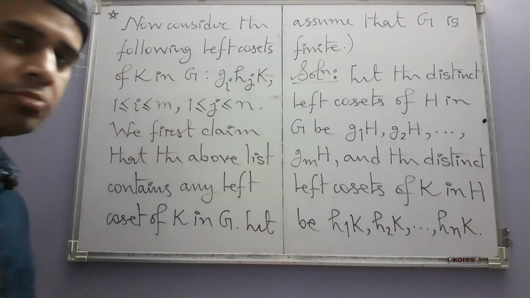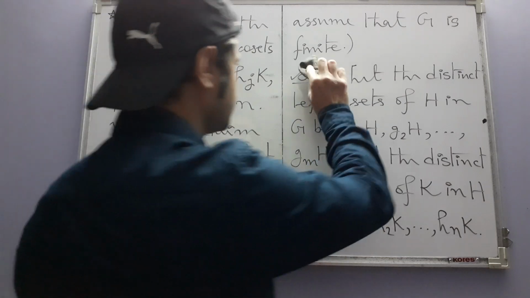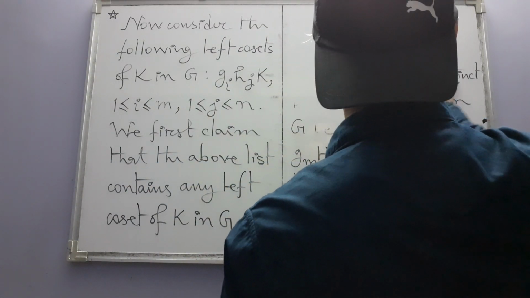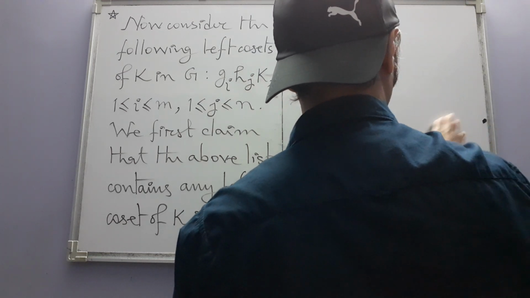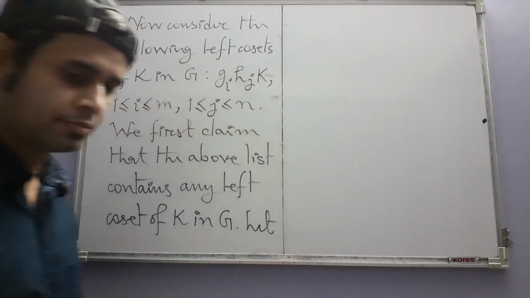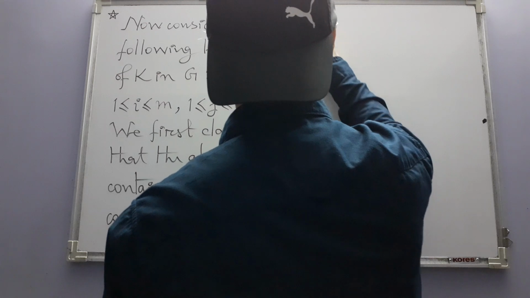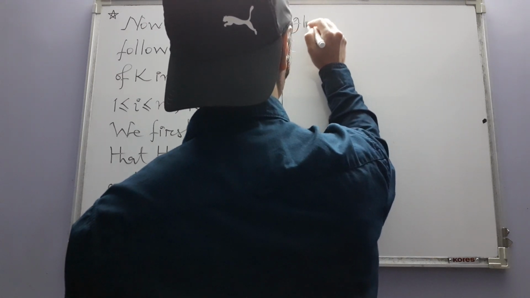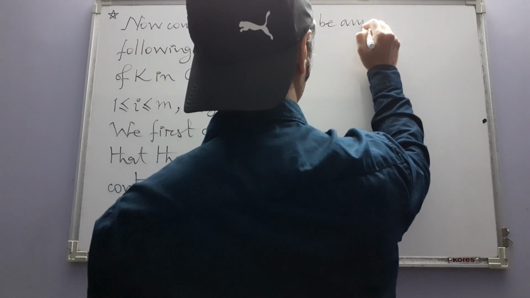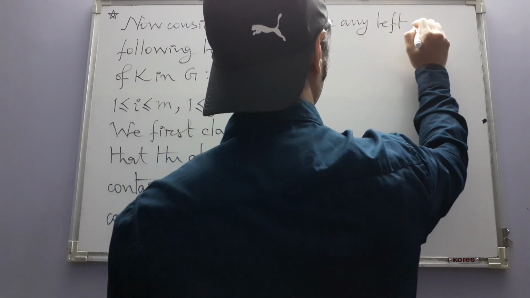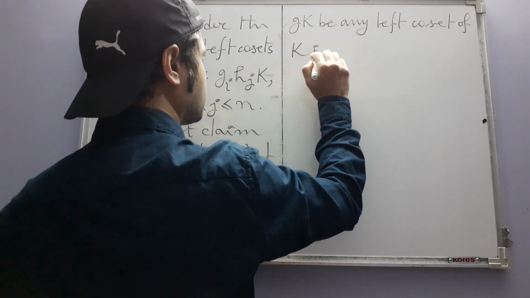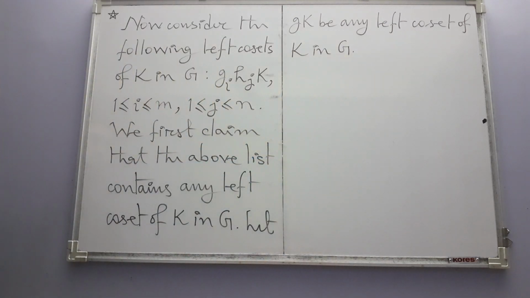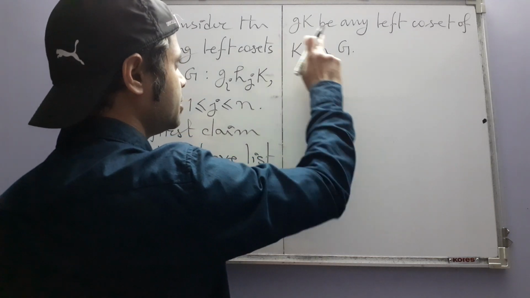So let's take an arbitrary left coset of K in G. Let gK be any left coset of K in G. Okay, and that simply means that this element g is coming from G.